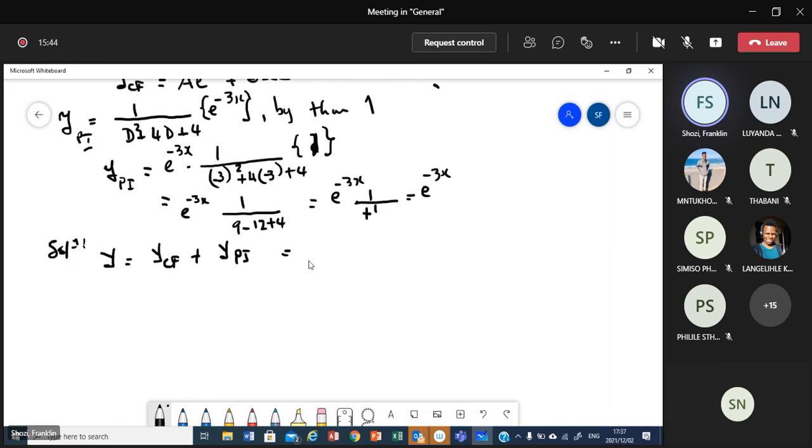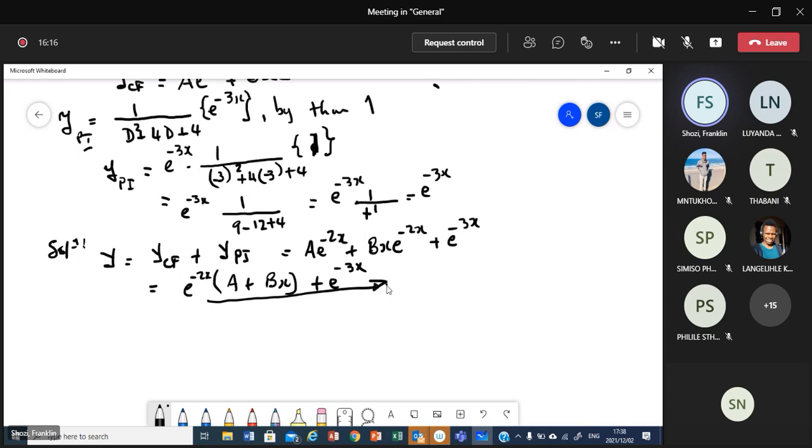Our YCF was A e to the power minus 2x plus Bx e to the power minus 2x, then plus YPI, which is just e to the power minus 3x. If you like, you can write that by taking e to the power minus 2x as a common factor: A plus Bx, and leave the other one as e to the power minus 3x. That is then a solution.